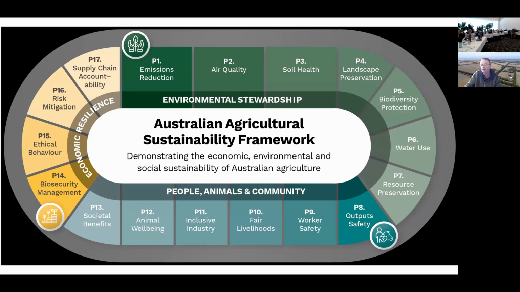So the idea is that the biodiversity and landscape stuff that you may associate with tree planting and things like that would be able to be recorded and credited on the same platform as the emissions reduction stuff on the AIA tool.